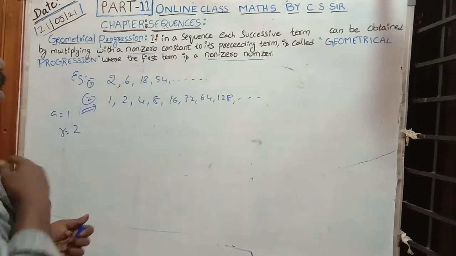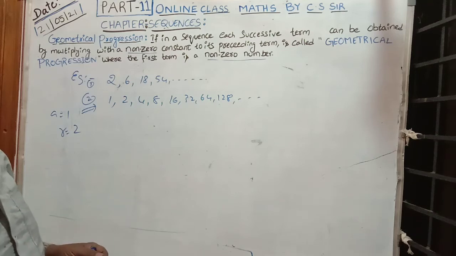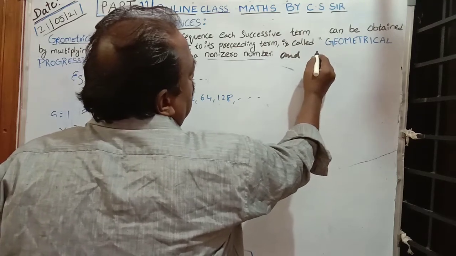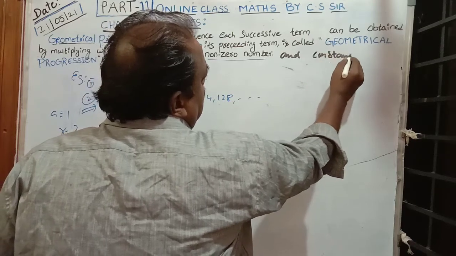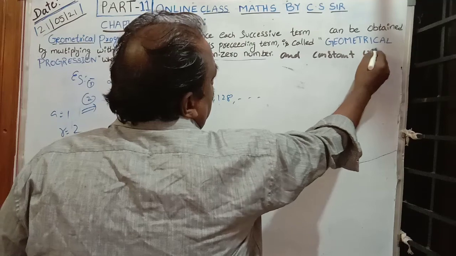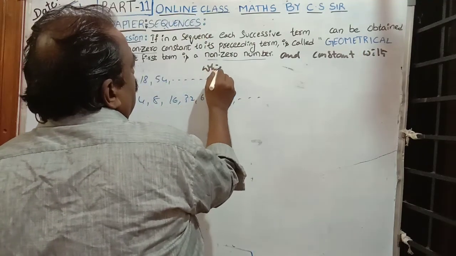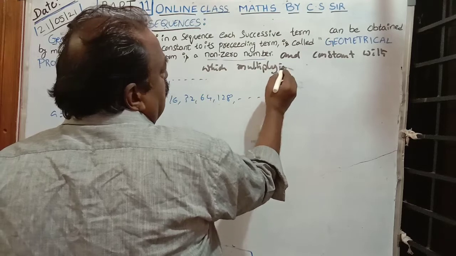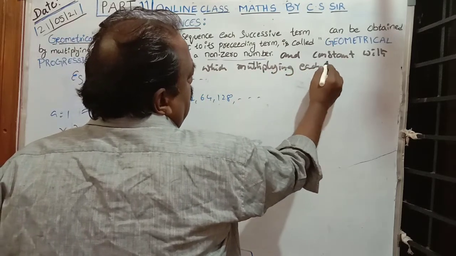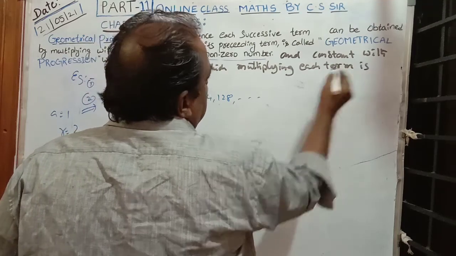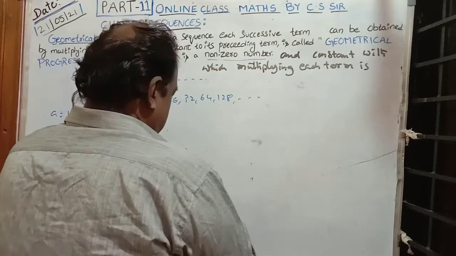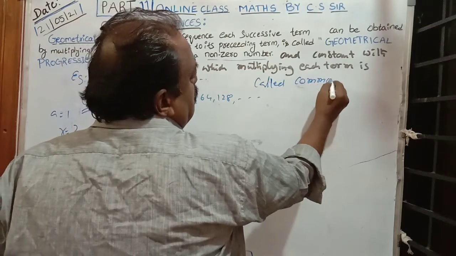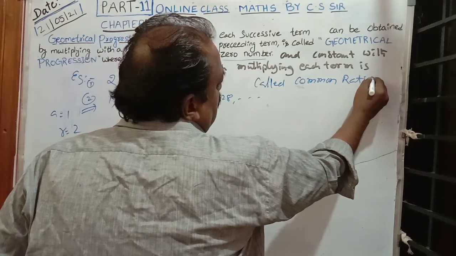Here you see, where the first term is a non-zero number, the constant with which we are multiplying each term is called the common ratio.